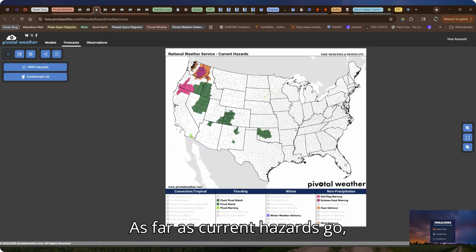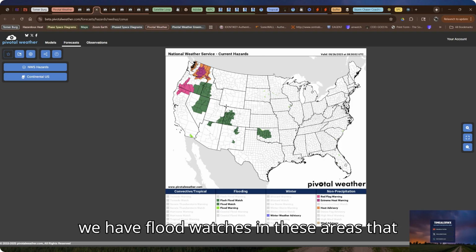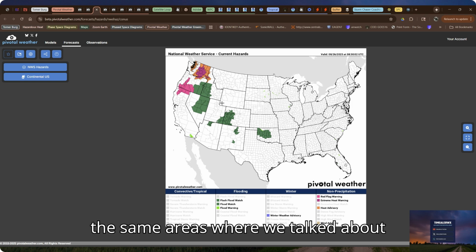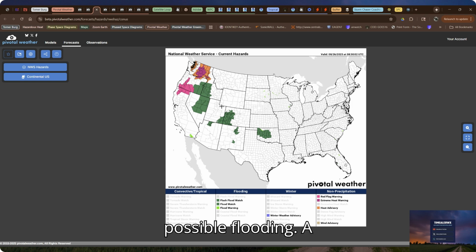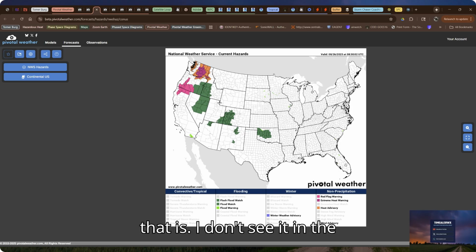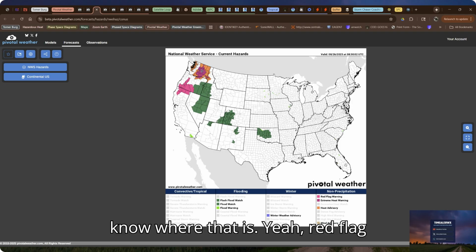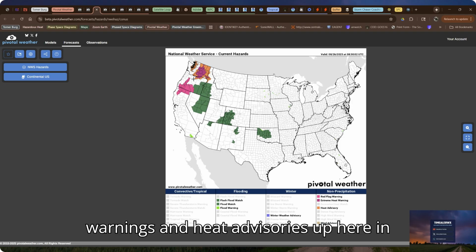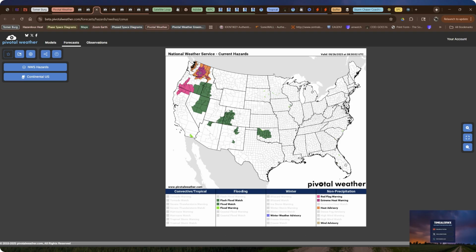As far as current hazards go, we have flood watches in these areas, the same areas where we talked about possible flooding. A winter weather advisory. I wonder where that is. I don't see it in the map here, but it's showing up. Interesting. I don't know what that is. Yeah, red flag warnings and heat advisories up here in the northern tier.